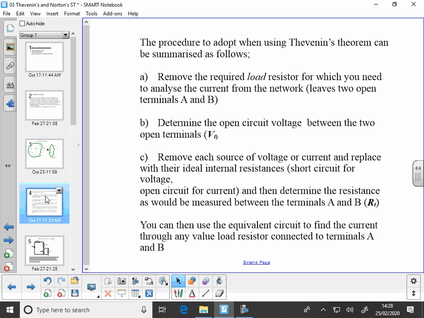And then we determine the resistance as would be measured between the terminals A and B. So you look back in, what resistance would I measure at A and B, having shorted out any voltage sources and taken out any current sources and left them open circuit. Okay, the result becomes Rt, the Thevenin's resistance. You then end up with the equivalent circuit that we saw earlier.